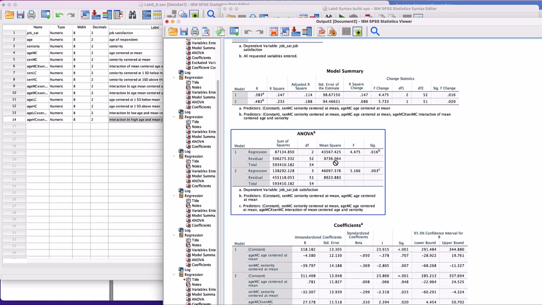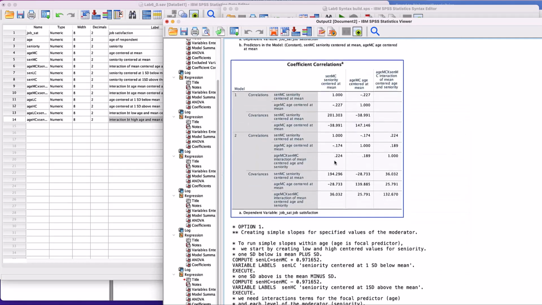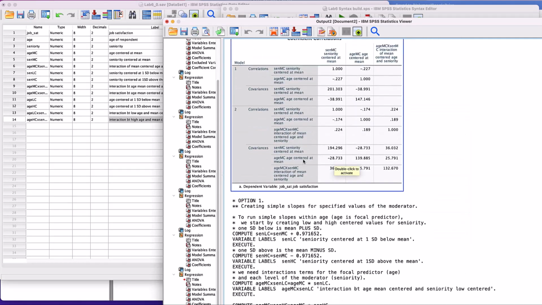Well, we also can get variance of the coefficient itself. So this is the variance of the seniority coefficient, and it's seniority by seniority. Variance is along the diagonal, and then the covariance is going to be off diagonal.